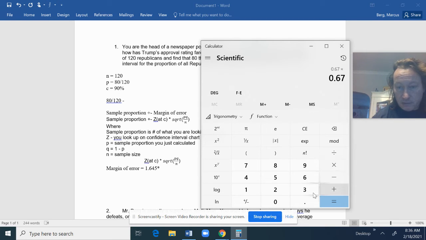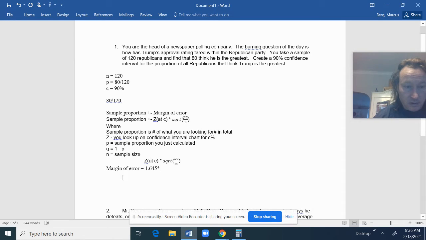0.67 times 0.33. That would be Q. All right. So if P equals 0.67, Q equals 1 minus 0.67, which equals 0.33. And we said N was 120.